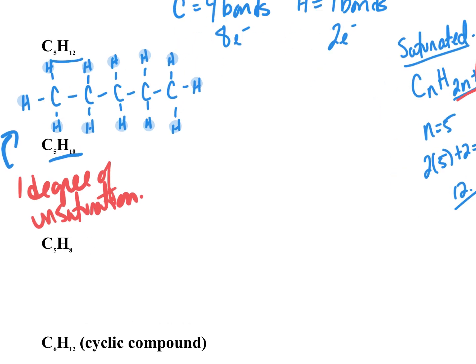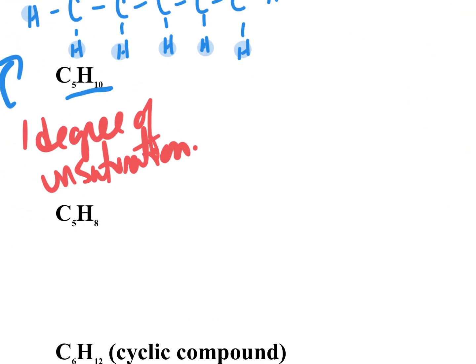So I'm going to take this to a different location so we can see it a little bit more clearly. C5H10. So what I have then is 1 degree of unsaturation.